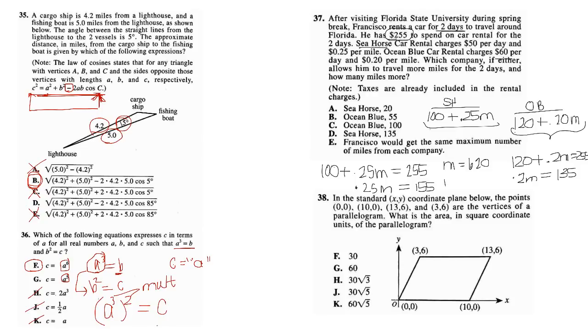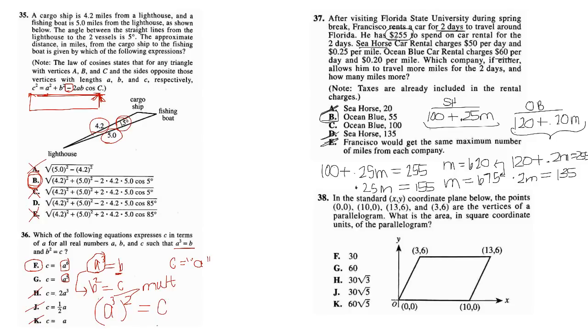Dividing, so m from the ocean blue is 675. And so notice that he's going to get more miles from the ocean blue. And then, so that's going to eliminate answer choice A, D, and E. And then by how much? Well, what's the difference in these two? It looks like the difference is 55. So the correct answer is B.